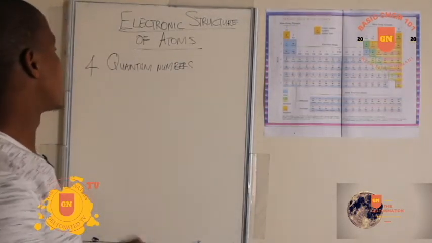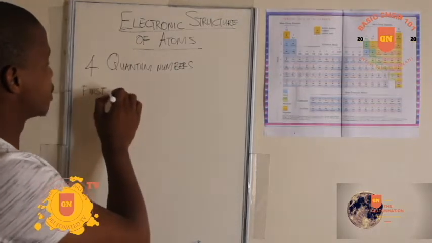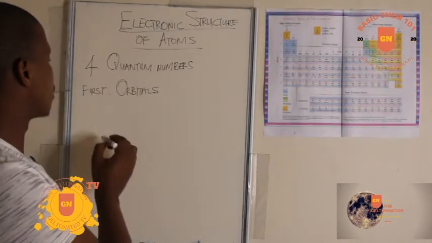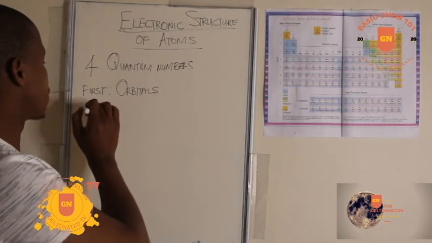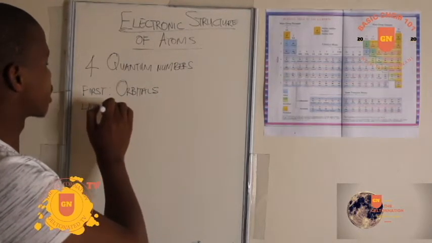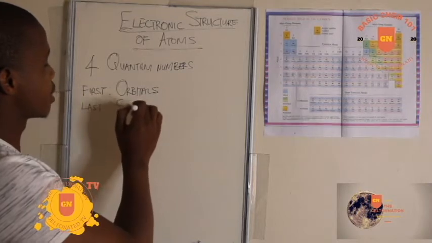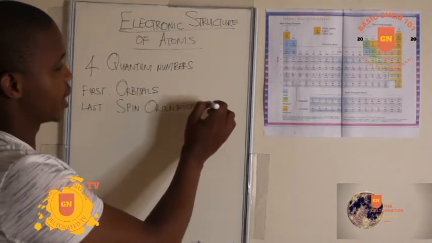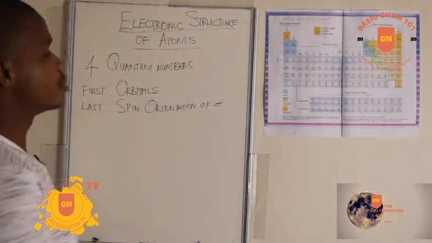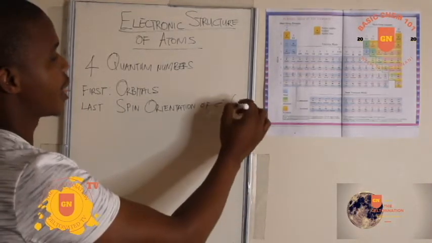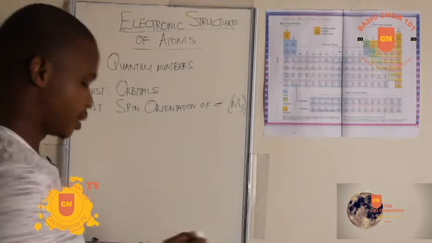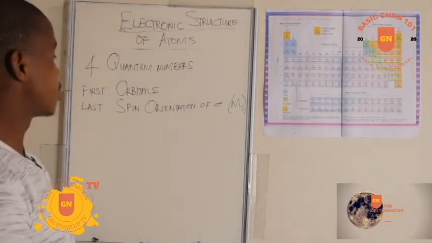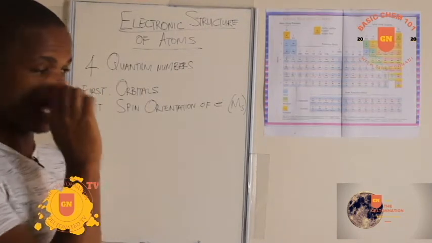The first 3 focus on the orbitals of the atom, and the last one focuses on the spin orientation of the electron. So this is the spin quantum number, which is ms. This is where we'll focus for today's lesson.